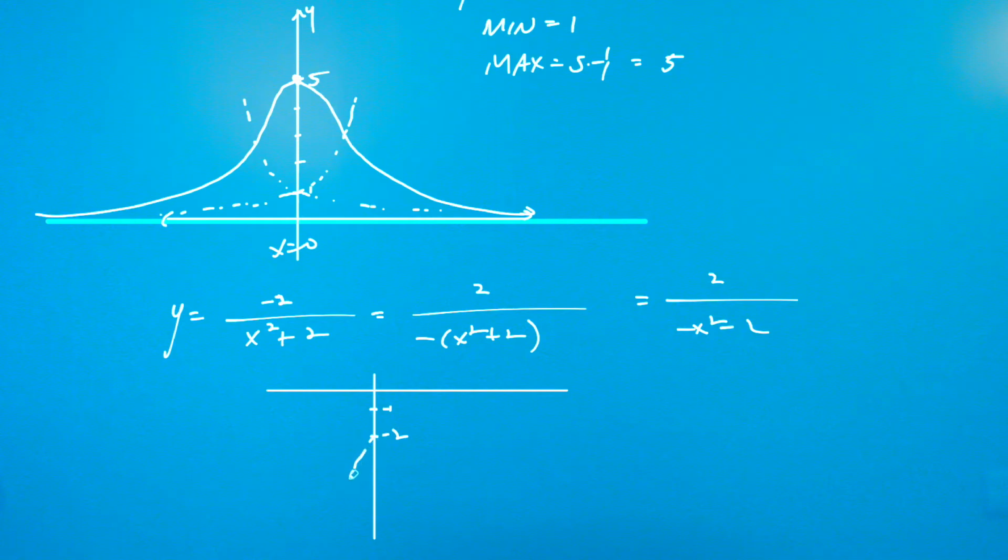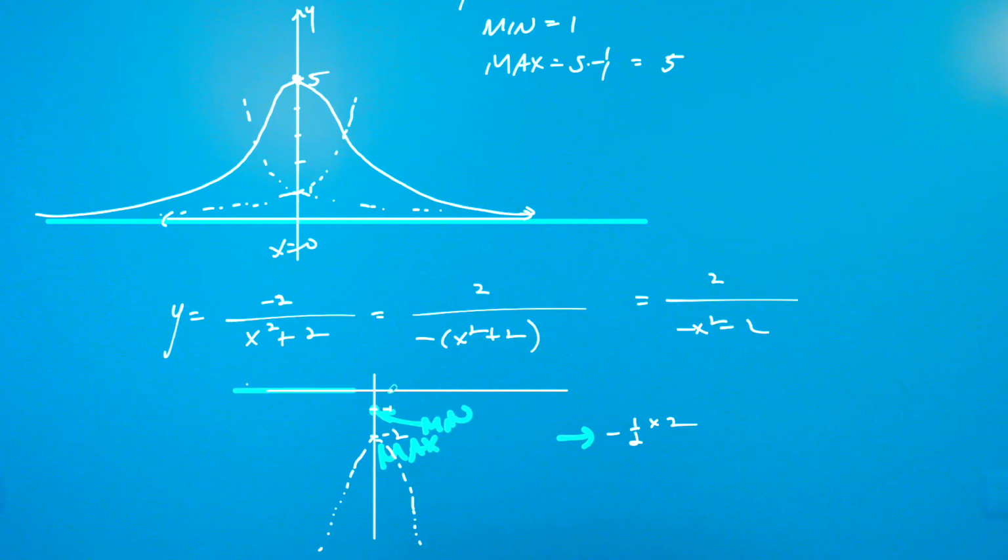It's a parabola that looks like this. If you take the reciprocal of negative 2, it's negative half, but we're going to times it by 2. So we get negative 1. So this has a maximum, right? This is a max. The reciprocal will be a minimum.